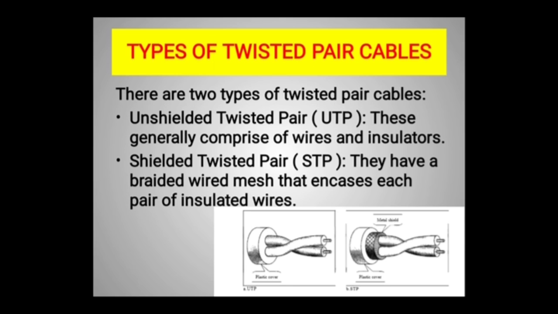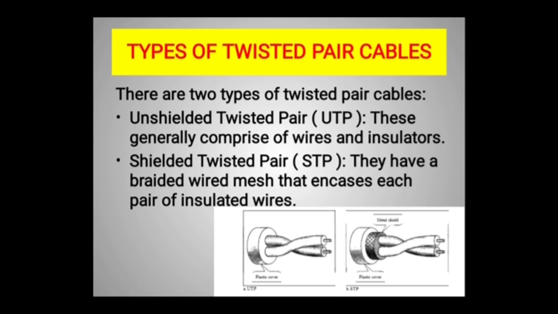There are two types of twisted pair cables: unshielded twisted pair and shielded twisted pair. Remember this, my dear students, that twisted pair cables are used for very short distances. They are not widely used for very long distance network connections.